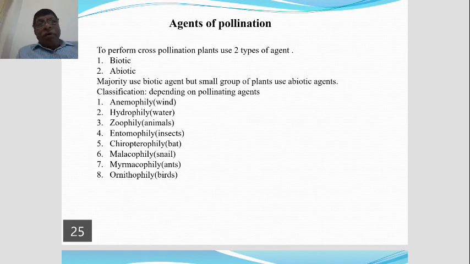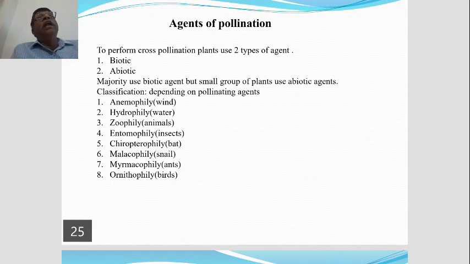In biotic pollination, the pollinating agent is a living organism. For example, bees, birds, bats, flies, honeybees, like that. Abiotic. A means absent.